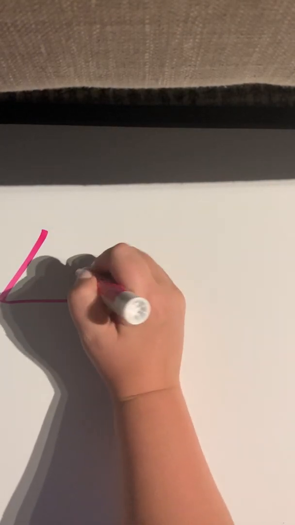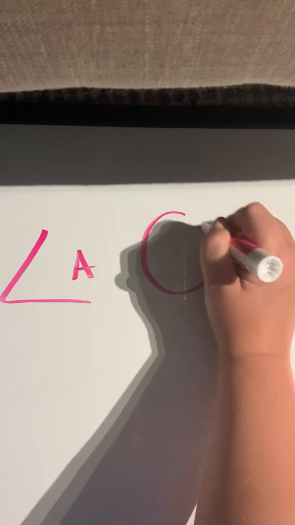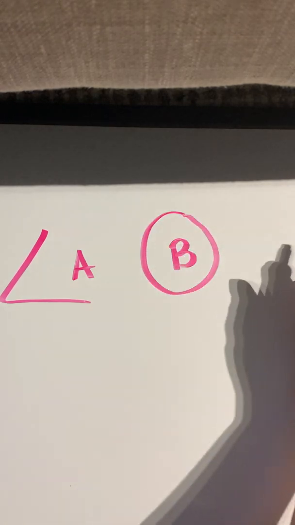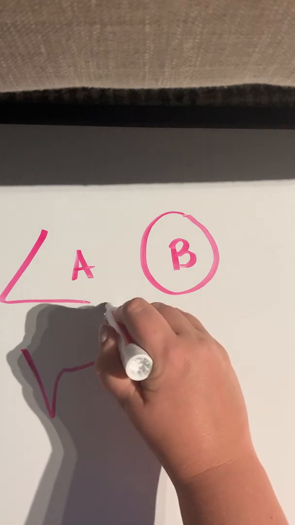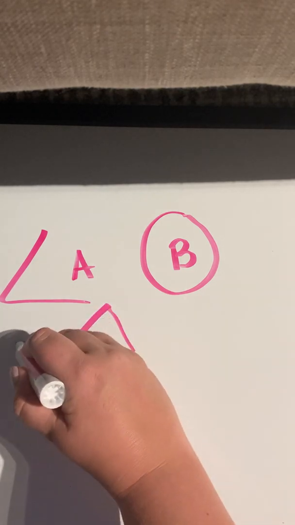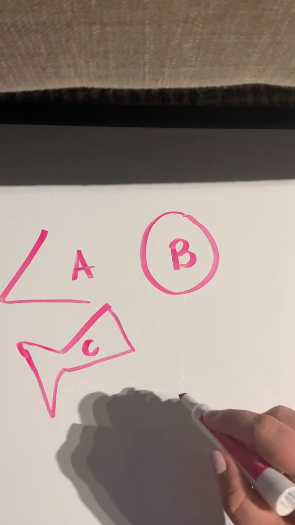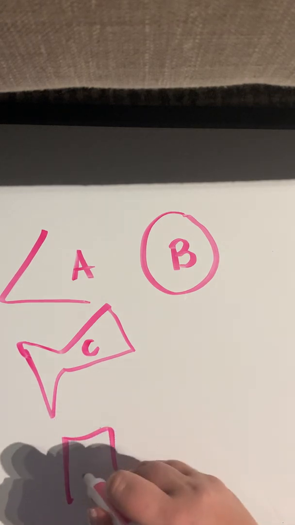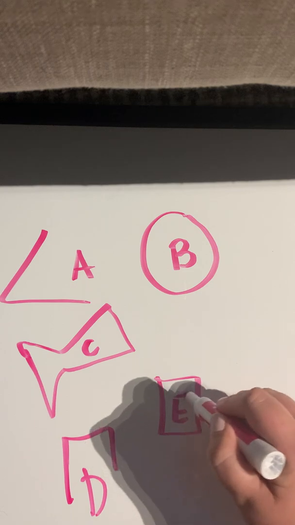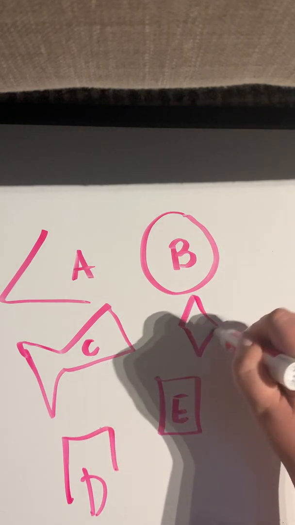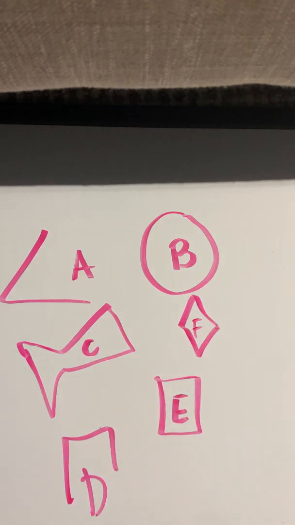So we have A, B, C. I'm going to do it over here because I don't have enough room. C, D, E, and up here we'll do our F.